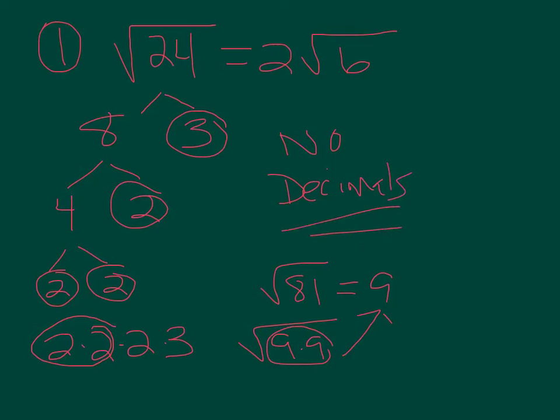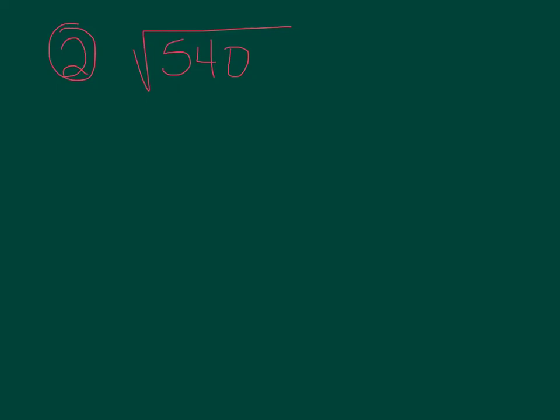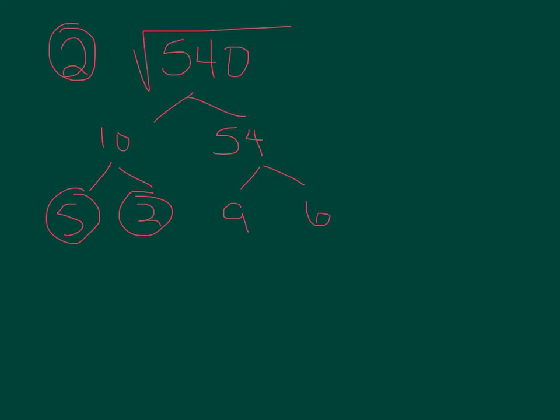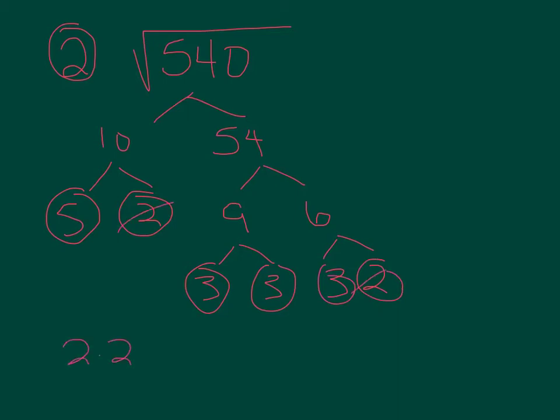Okay, let's try another one. 540. This is a bigger one. It ends in a 0, so I know it's multiplied by 10. Now I'm going to break 10 up into 5 and 2. Both of those are prime, so I leave them. 54 is 9 and 6. 9 can be broken up into 3 and 3, and 6 can be broken up into 3 and 2. So I have two 2s, three 3s, and a 5.